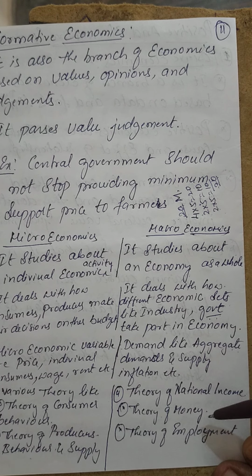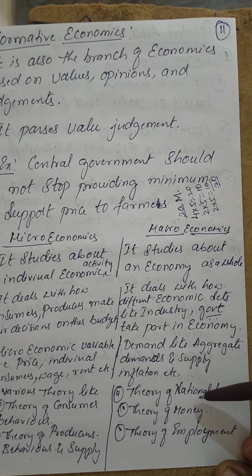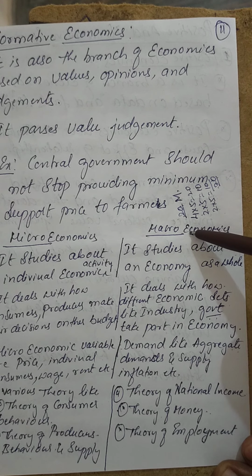Before money came into the picture, the barter system was there. How the barter system was eradicated through money, and how money played a very major role in the system of transactions, such things we are going to study in macroeconomics.